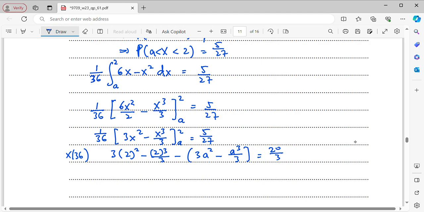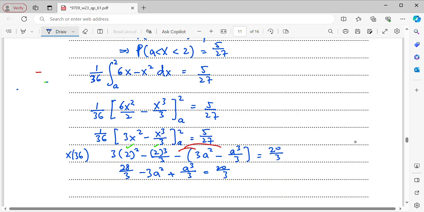Okay, then from here when you calculate, the first one is going to be 28 over 3. I will just calculate these two at the same time, then you will be getting 28 over 3. Then the minus, you bring it into the brackets. So here I will be getting minus 3a squared plus a cubed over 3. That equals 20 over 3.